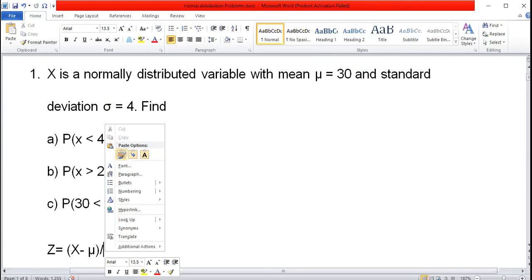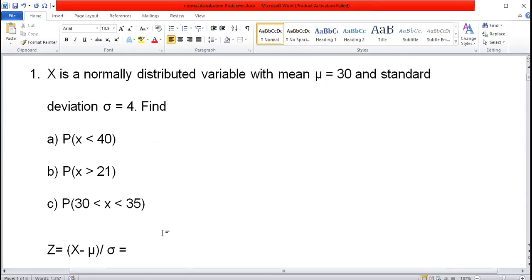What is the x value we are looking at? Less than 40. So 40 minus 30 divided by 4. That gives you 2.5.